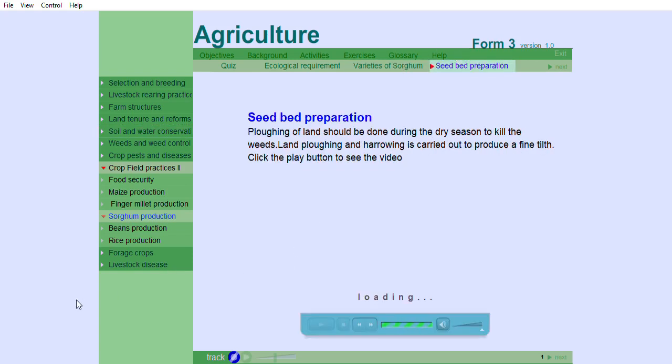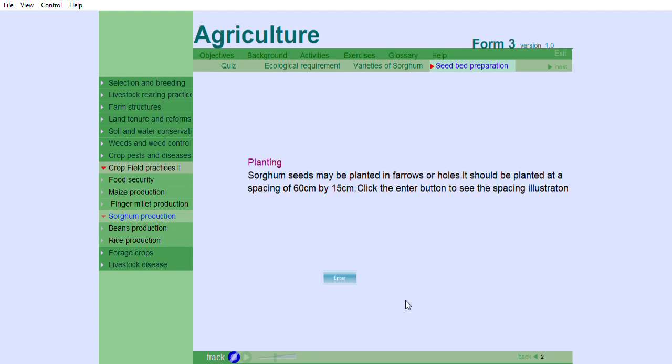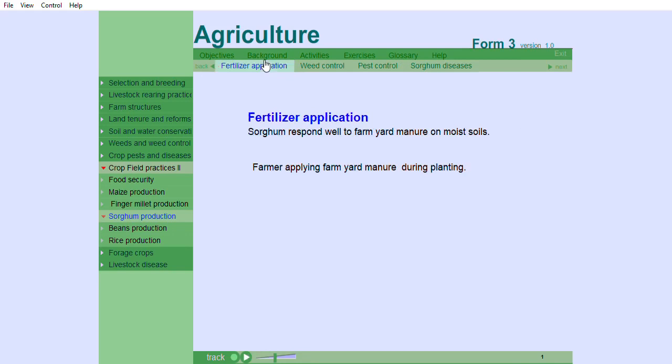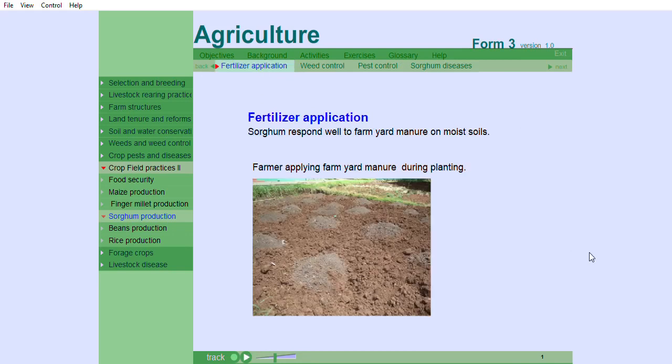Seedbed preparation. Plowing of land should be done during the dry season to kill the weeds. Fertilizer application.